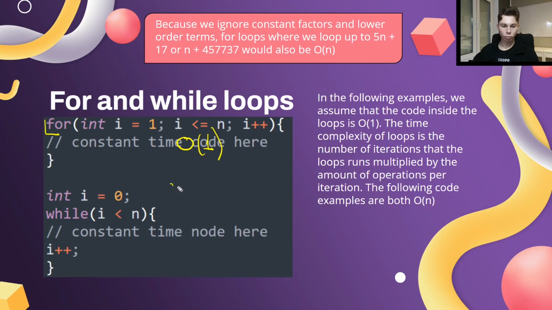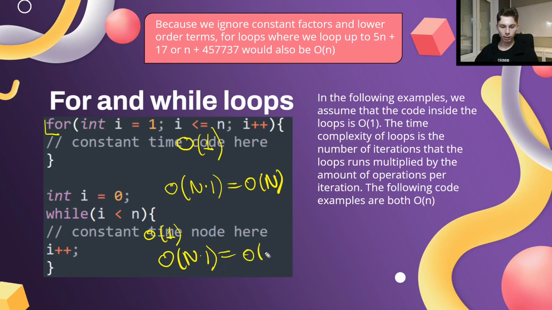So we just multiply n times 1, which is obviously equal to n. And here, we know that this code runs in constant time, so O of 1, and this loop runs for O of n time, so O of n times 1 is equal to O of n time, right here.